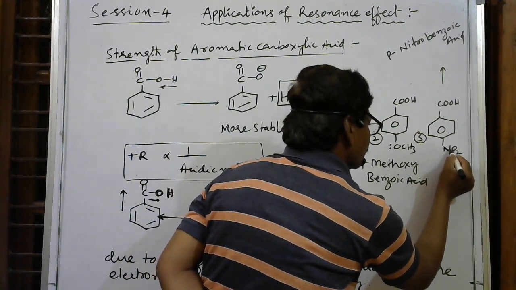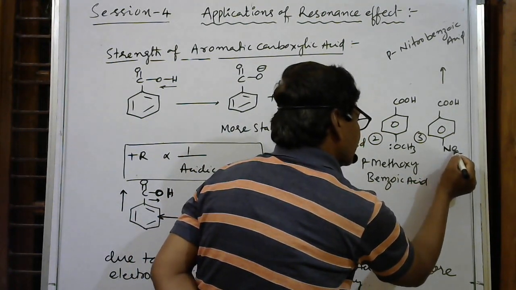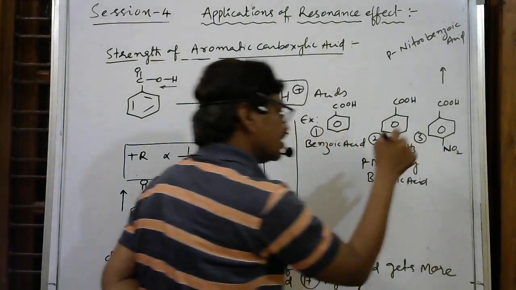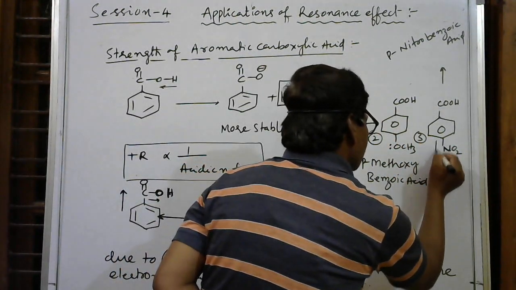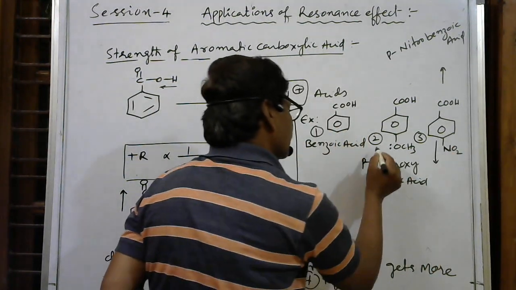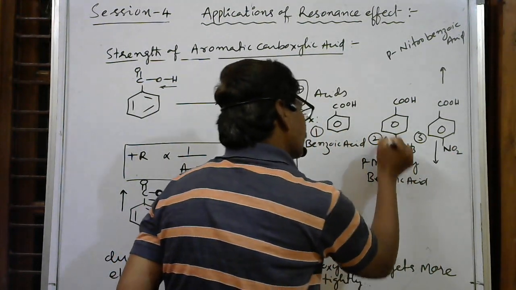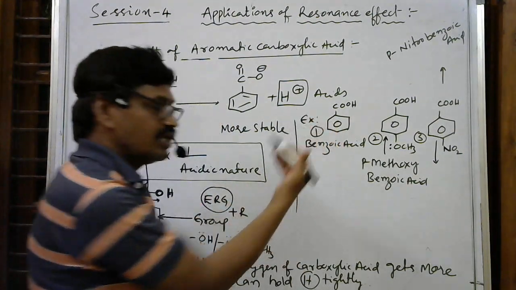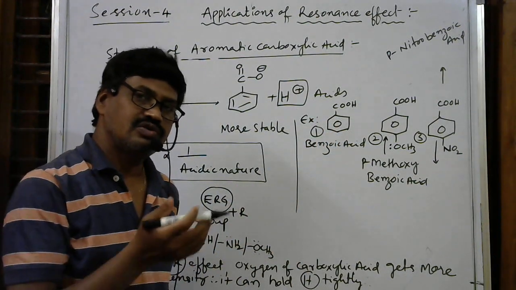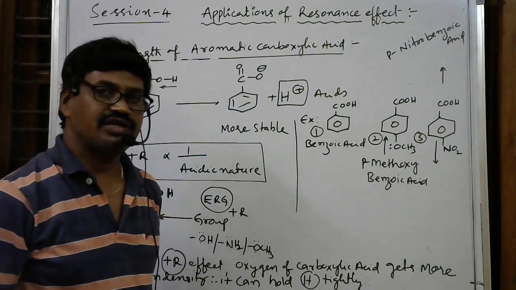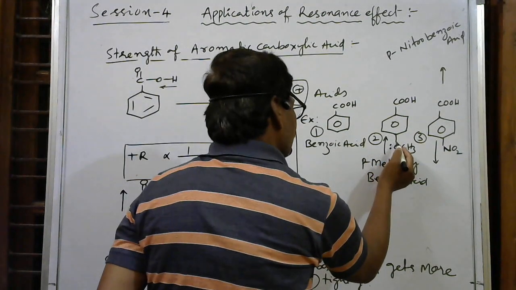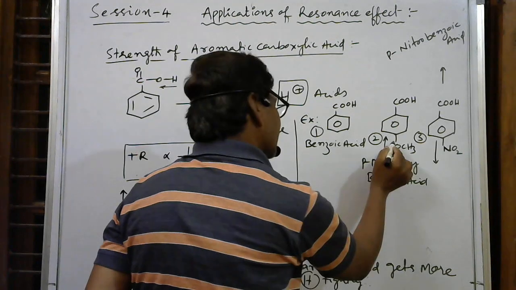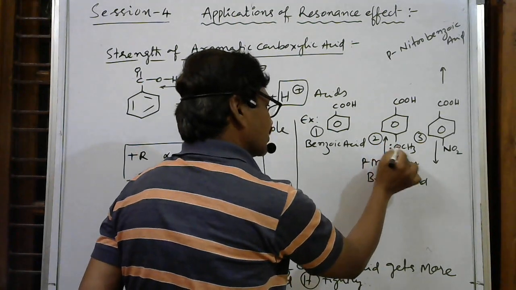This nitro group is an electron withdrawing group, and this nitrogen atom is bonded to more electronegative atoms, so electrons are moving towards the NO2 group. Here electrons are moving to the benzene ring. Here there is no attraction of electrons and no donation of electrons. Therefore, the acidic nature of this compound is very less compared to this.